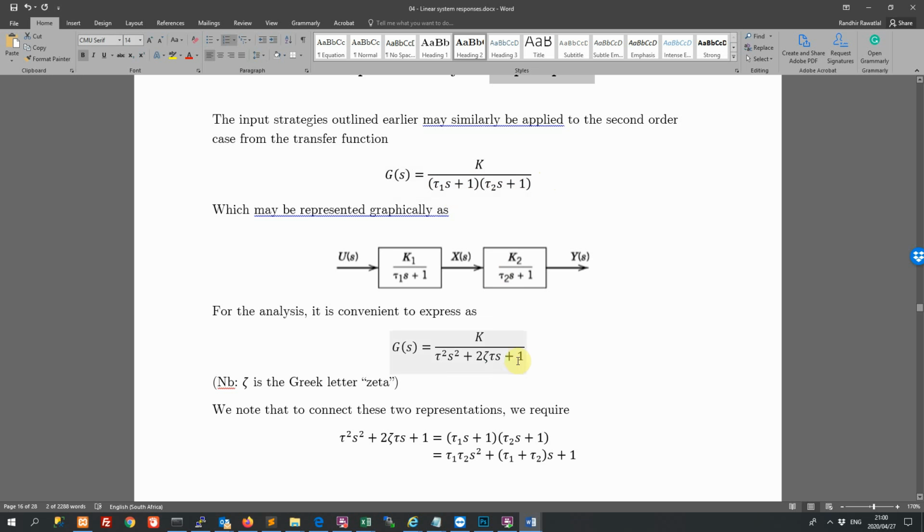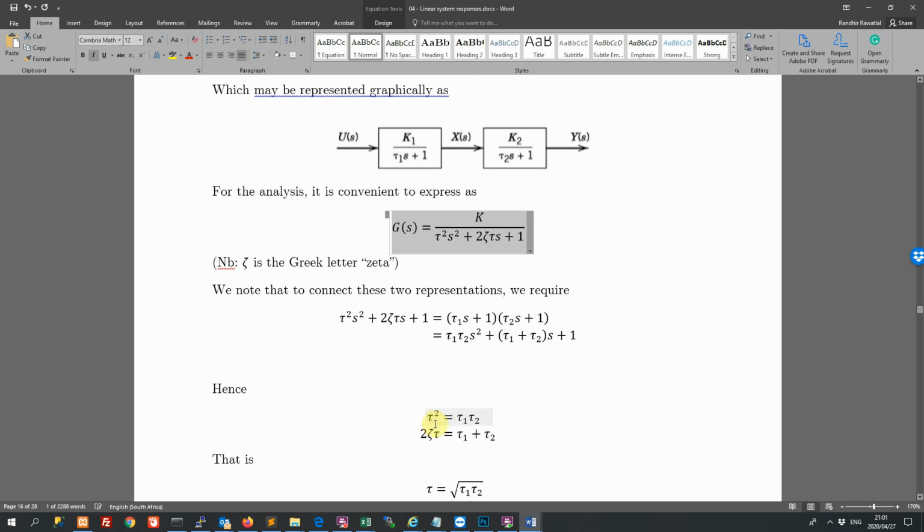And we are going to propose that we can create this form. So instead of tau 1 times tau 2 for the s squared, we are going to say, well, let's just say there's some number tau, and tau is such that tau squared equals the coefficient that we want here. And so obviously then you can say tau squared is equal to tau 1 tau 2, right?